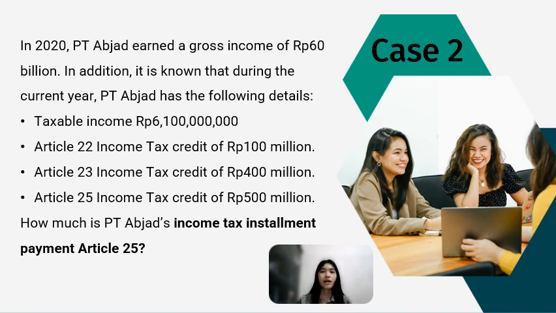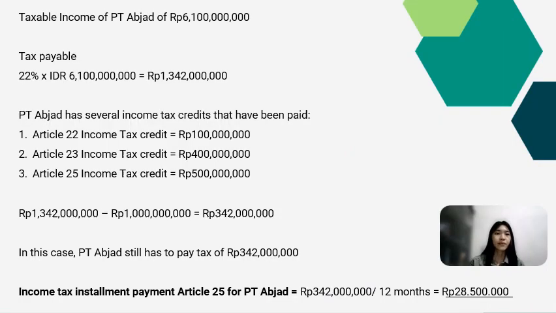So here, since we know that the gross income for PT Abjad is 60 billion, it means that it is more than 15 million, right? So we use the rate for PT Abjad, which is 22% times taxable income. Okay, here we have the taxable income of PT Abjad.